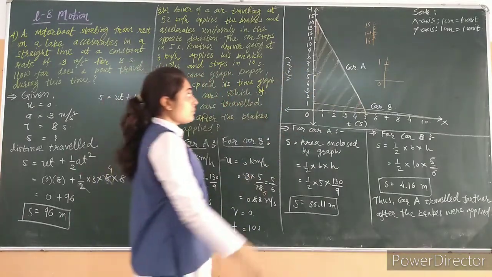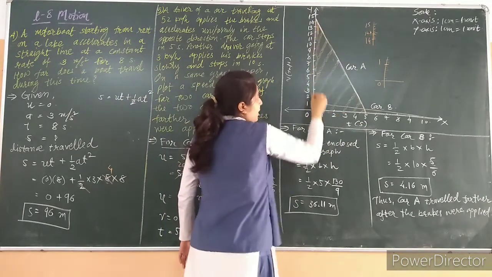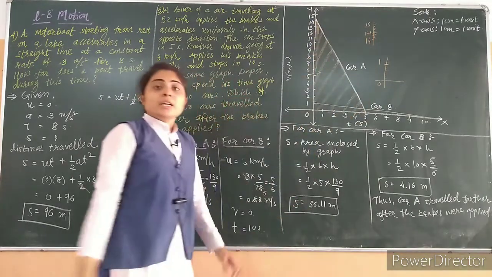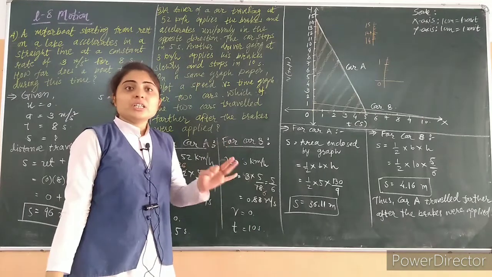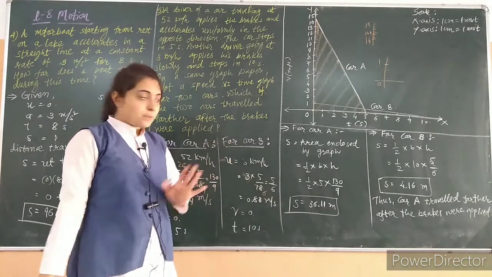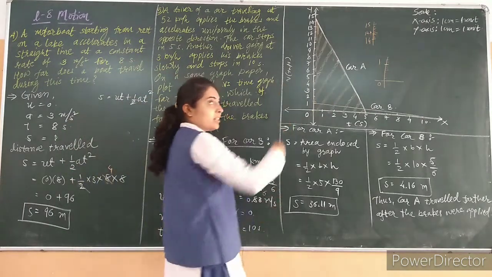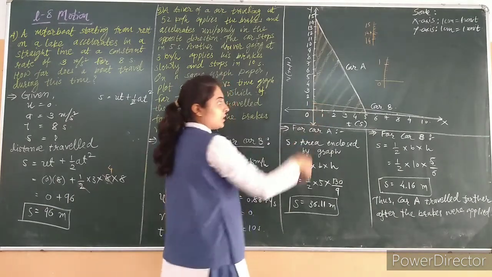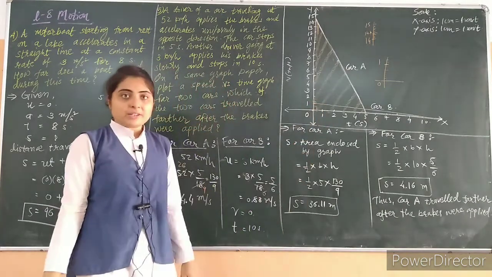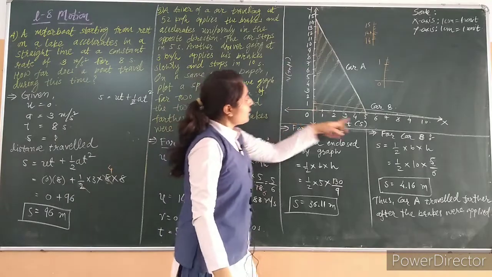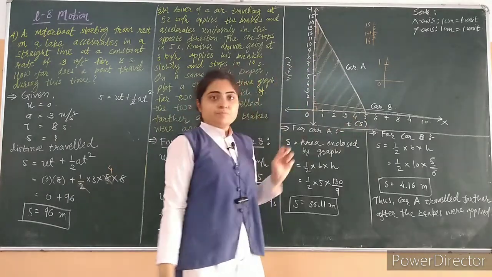So we need to find the area of this triangle. The area of that triangle will give the distance traveled by the object. Is it a right angle triangle? Yes, because the x and y axes are at 90 degrees. So this triangle will be a right angle triangle.